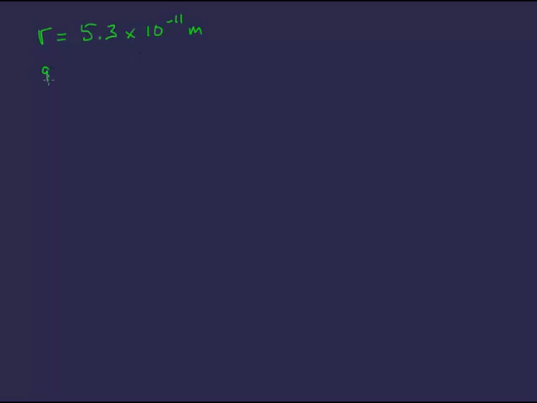The charges are a proton and an electron. Well, a proton is plus 1.6 times 10 to the negative 19. That's the elementary charge of all electrons and protons. The electron will be negative 1.6 times 10 to the negative 19 coulombs. Essentially, they're the same. Finally, we're going to find the force.